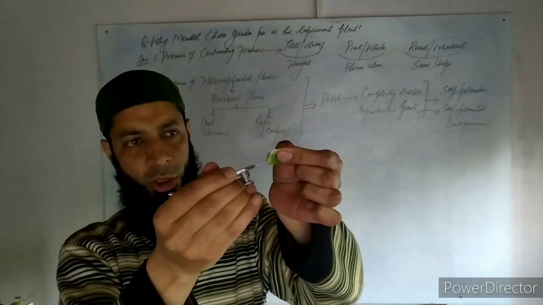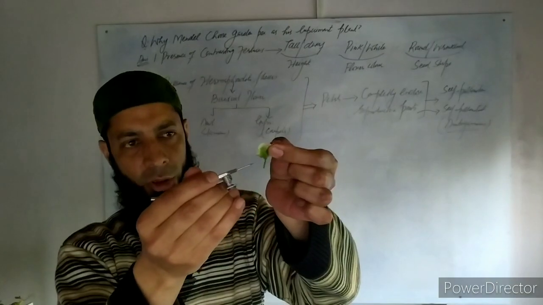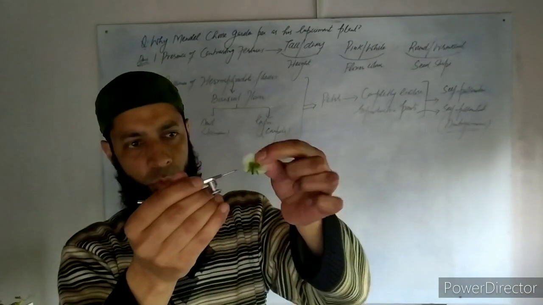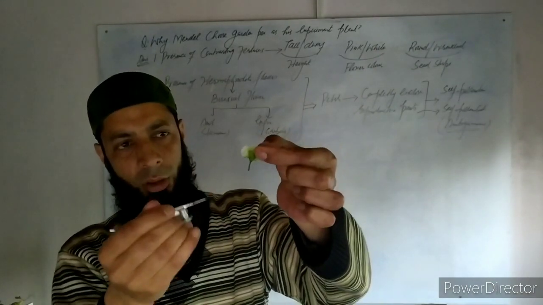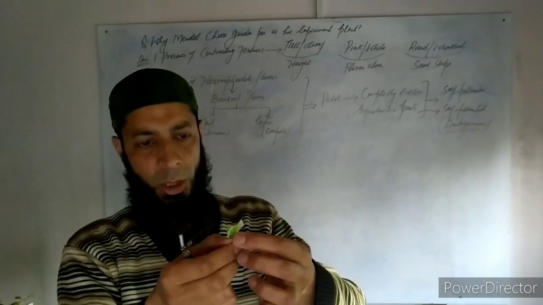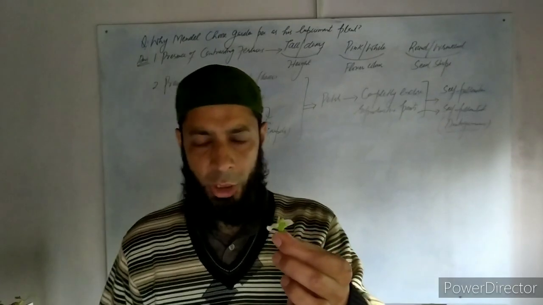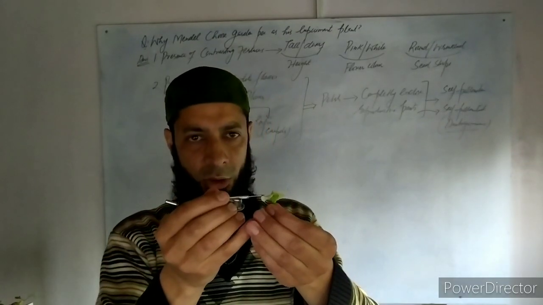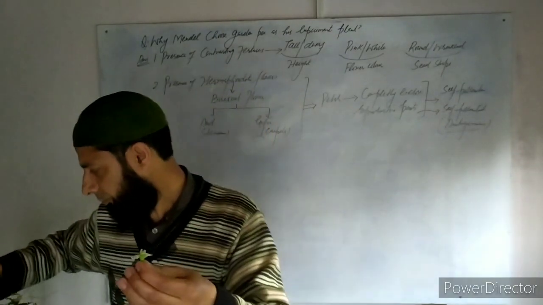Each structure is called a sepal, and there are how many? 1, 2, 3, 4, 5. There are 5 sepals in this flower.